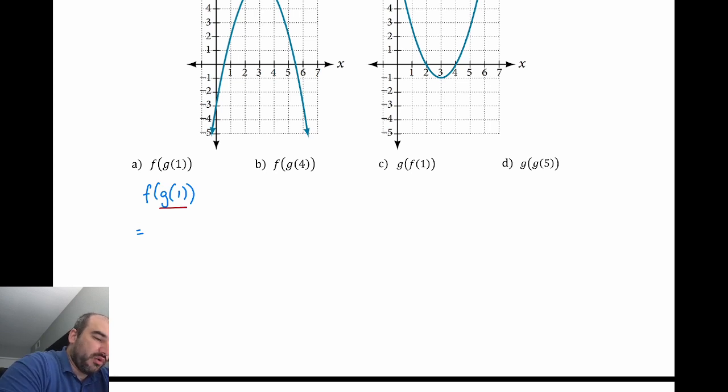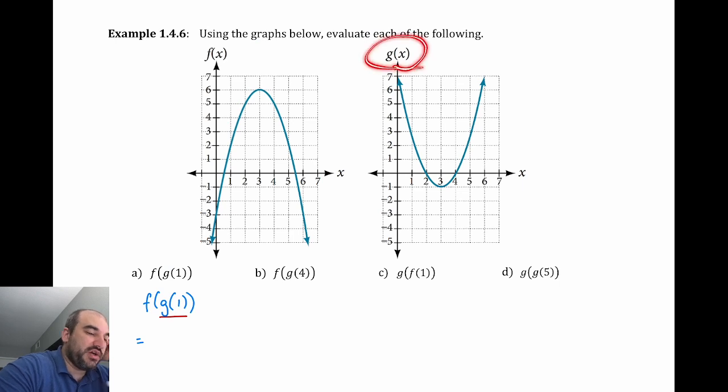We'll do that by using the g of x graph, and g of 1 means that x is equal to 1. What is the y value when x is equal to 1? So we'll go to 1 on the x-axis and go up to the line. We're going to assume that hits nicely at 3, right? This is 1 comma 3.